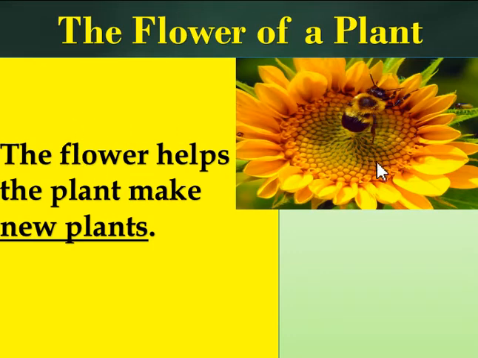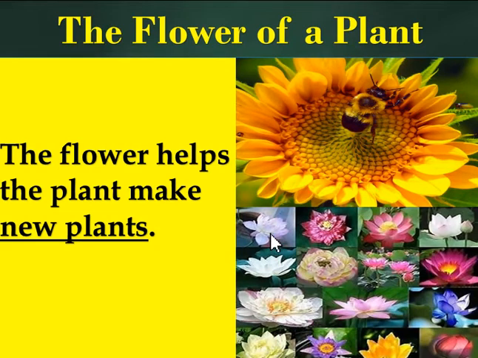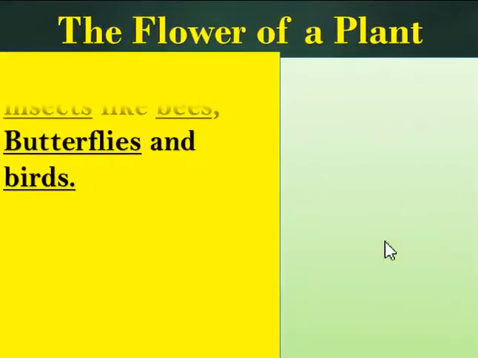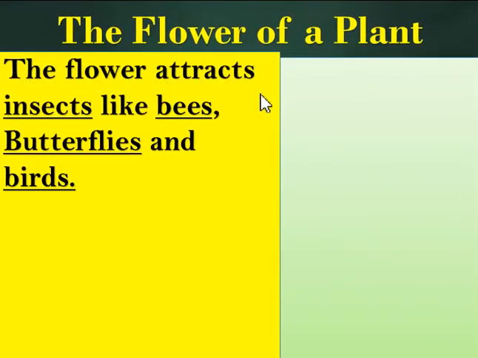And also, flowers have so many colors like leaves. They have white, yellow, pink, purple, blue, and sometimes red. And the flower attracts insects like bees, butterflies, and birds.